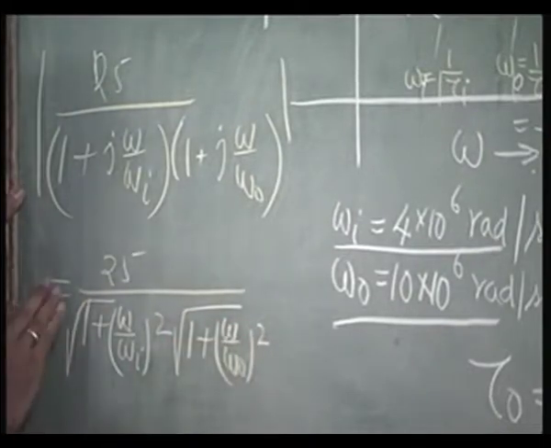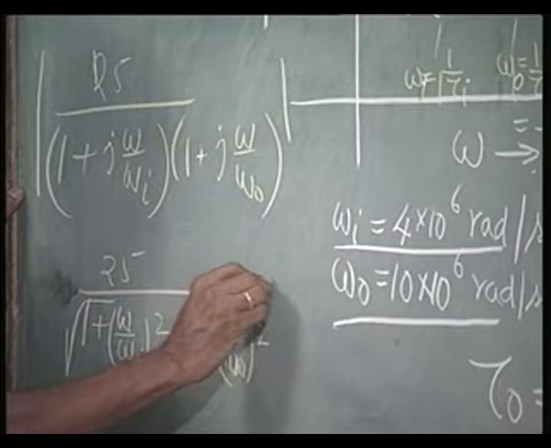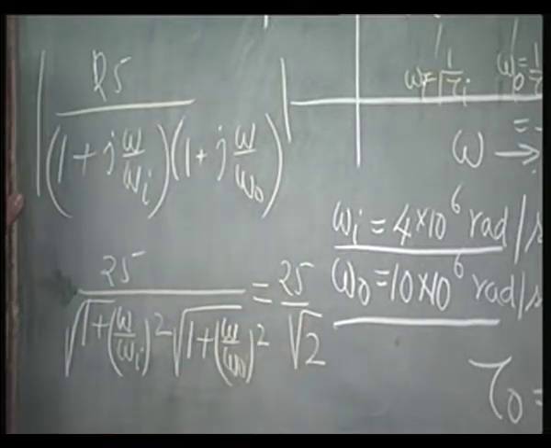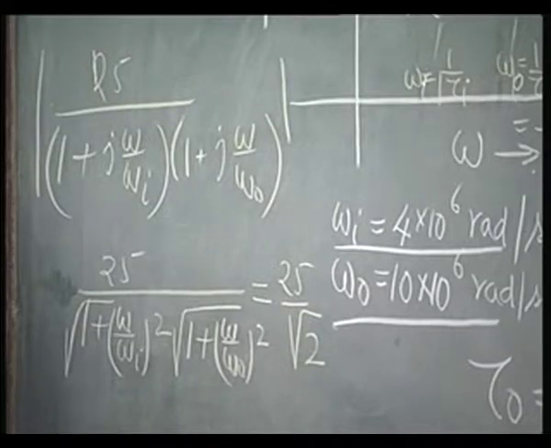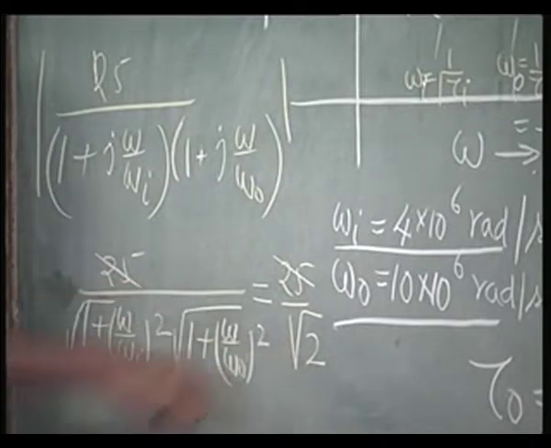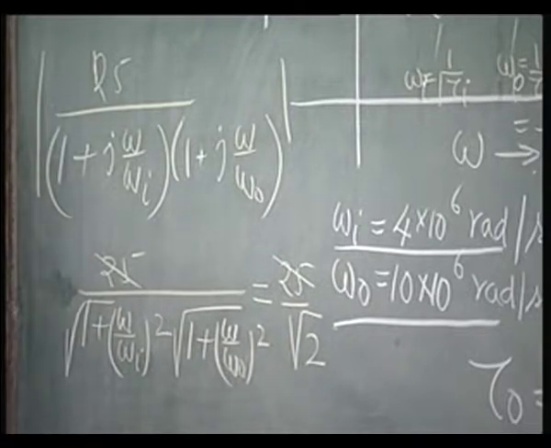When this becomes equal to 25 by root 2, that frequency corresponds to the upper cutoff frequency. So, 25 gets cancelled. That means when this whole factor becomes equal to root 2, we can square it.